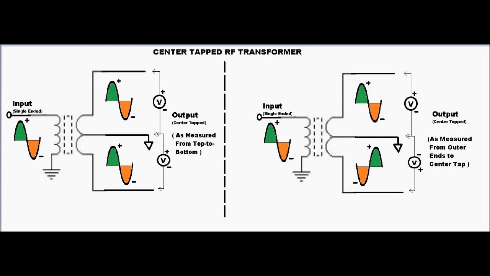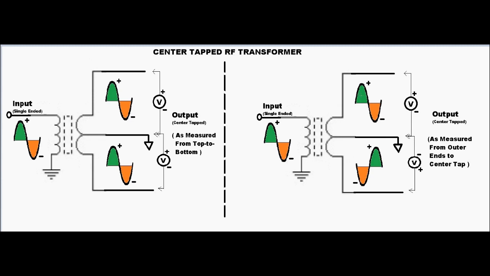And so when the upper half of the winding goes positive relative to the center tap, the lower part of the winding, the outer arm, is actually going negative compared to the center tap. So they're inverse, they're opposite of each other.